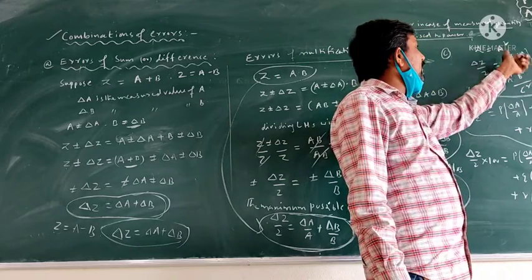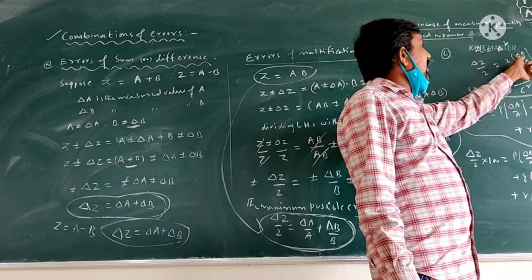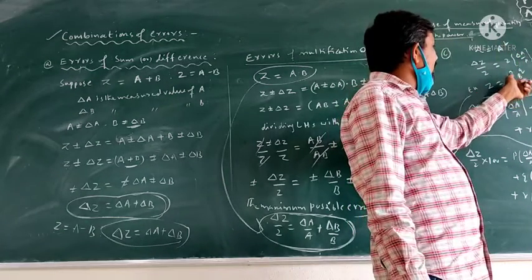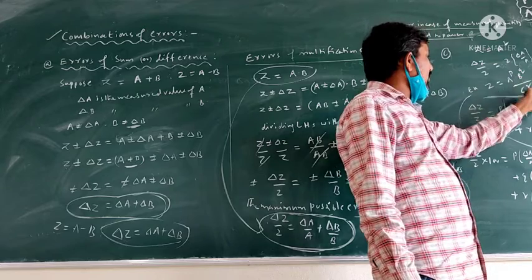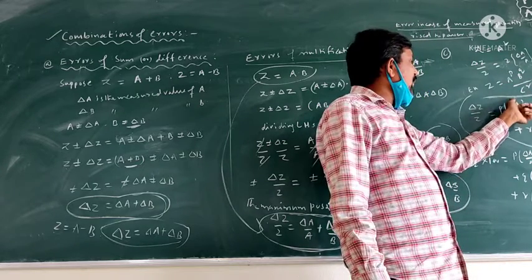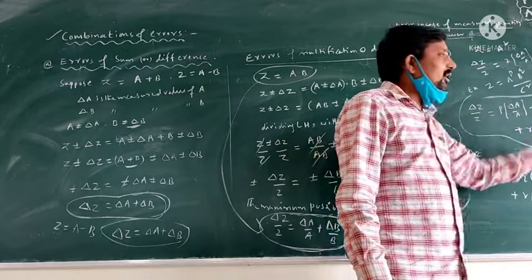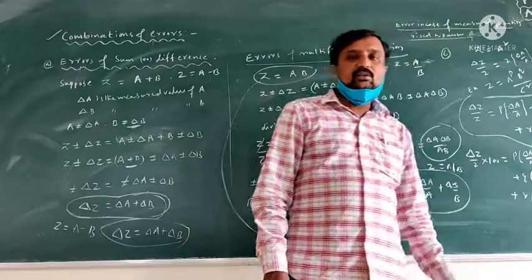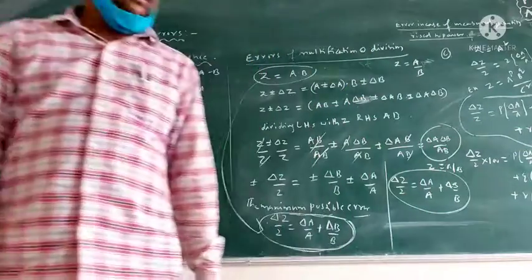So 2 into a relative error, delta a by a. For example, z is equal to a power p, b power q, c power r. Here p into relative error, q into relative error, and r into relative error. Okay? So we have, thank you.